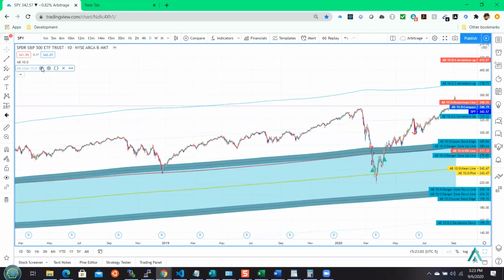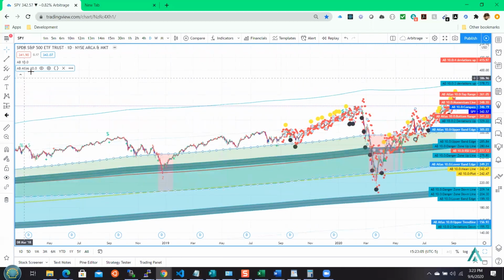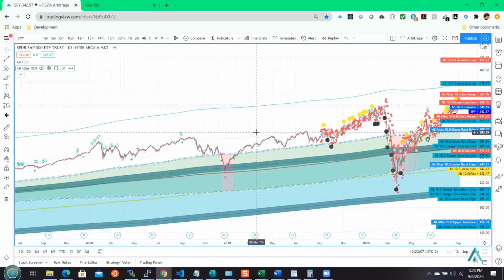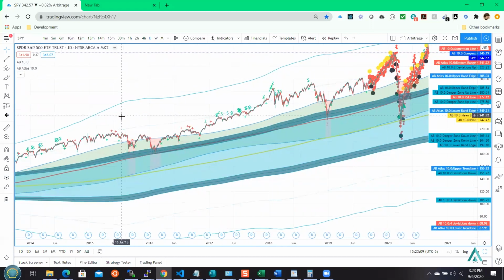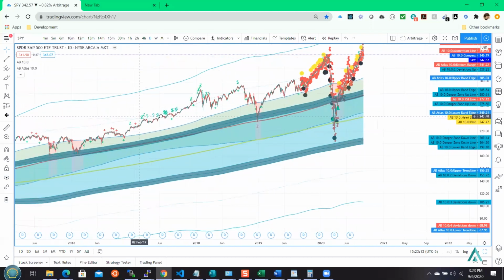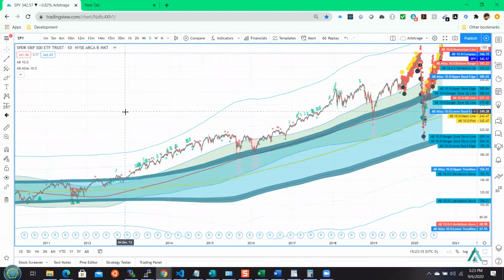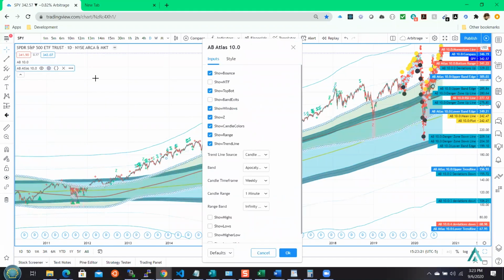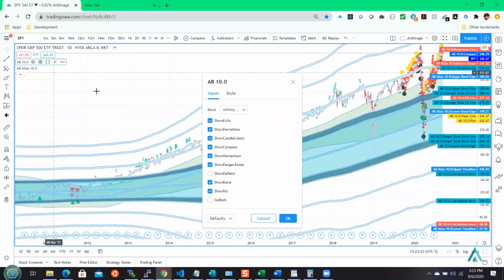Let me turn on Atlas again, and I'm going to set this to Apocalypse right now. So how this works is, as long as we are above, and let me go down to the right band.